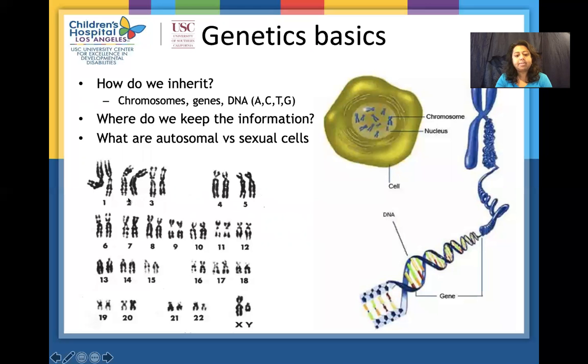So if you can think about it this way, if we've got like a million base pairs making up 22 different books, with one set of books known as the sex chromosomes, and each individual has a characteristic set of groups of building blocks known as genes within each book of our DNA.